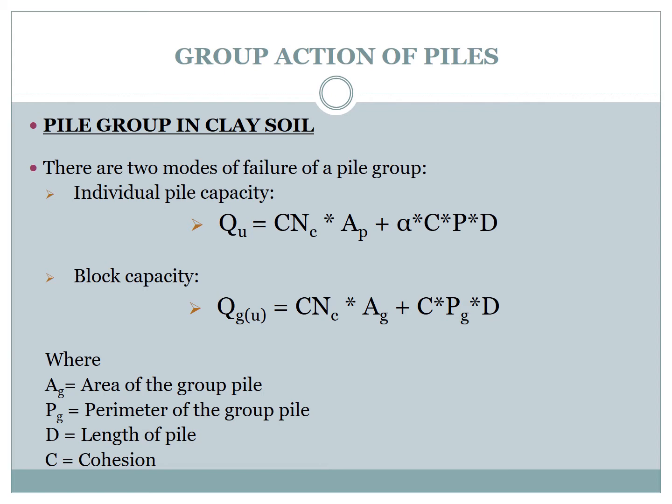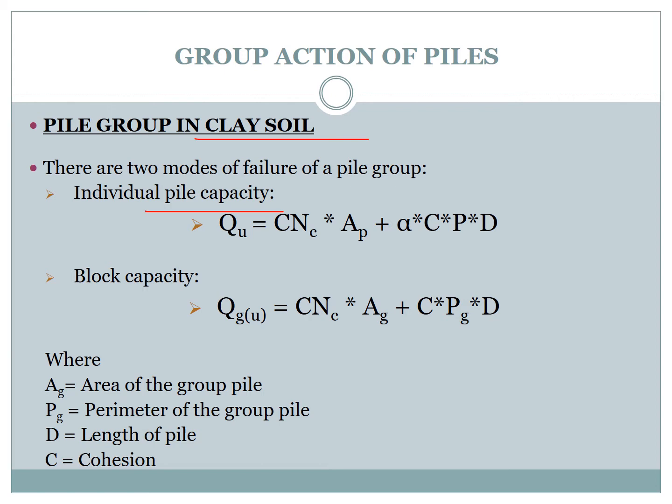So in such soil, bored piles are generally preferred to driven piles. However, if driven piles are to be used, the spacing of piles must be relatively large to minimize the development of pore pressure. There are two modes of failure of a pile group in clay soil: individual pile failure and block failure.